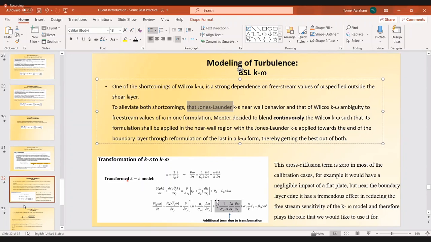So by that, he solved the problem of omega being very sensitive to free stream values.